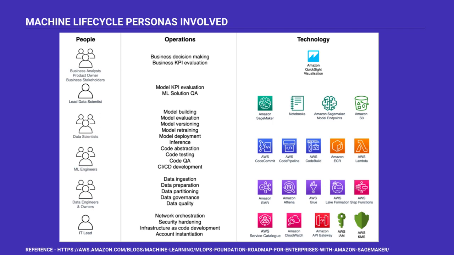As for QA, the quality team would do this for the application, and the lead scientist will play it as a QA. And data scientists, of course, are part of the whole lifecycle. They build a model, evaluate the model, version the model, train the model.